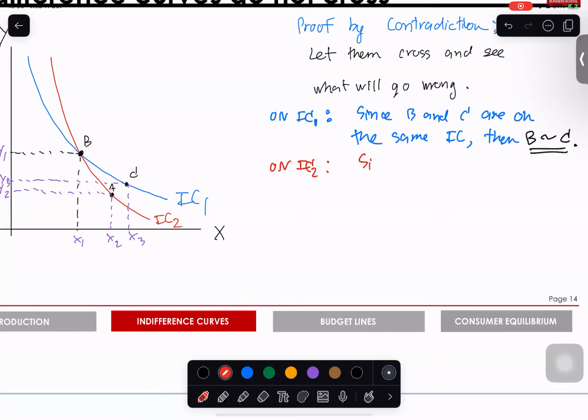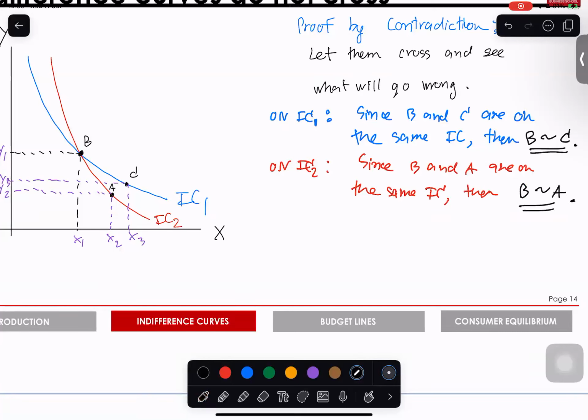So since B and A are on the same IC, it must be that B and A must generate the same happiness level too.